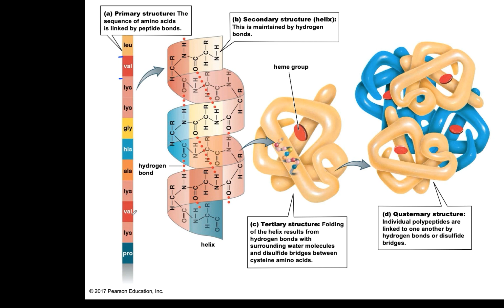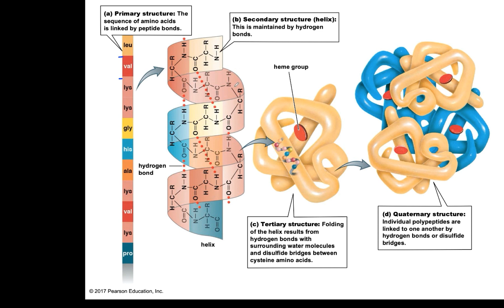From primary structure, hydrogen bond can take place between the amino group of one amino acid and, further down, the carboxylic group of another amino acid. So these dots indicate hydrogen bond. These hydrogen bonds form a regular pattern of shape called alpha helix or beta pleated sheet.